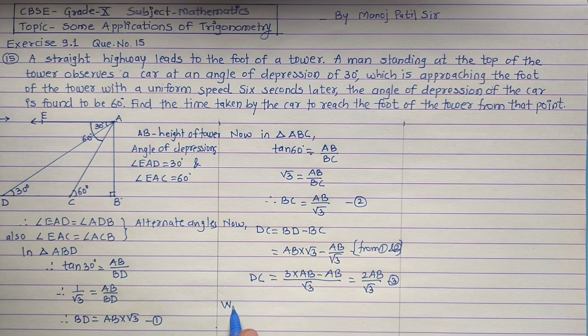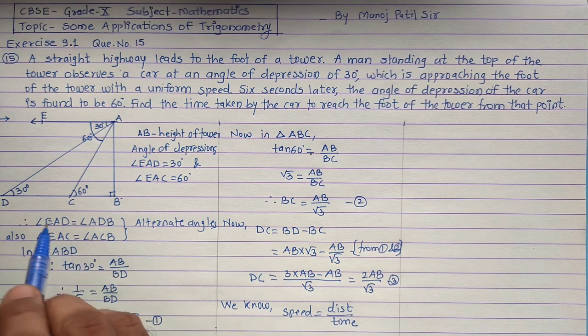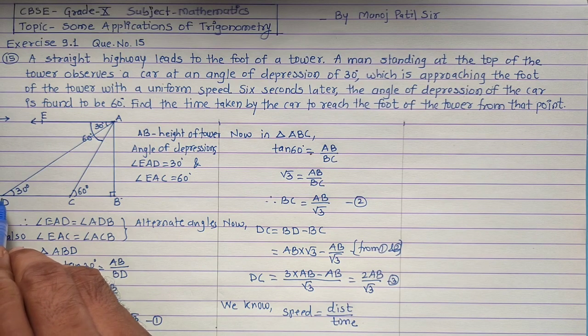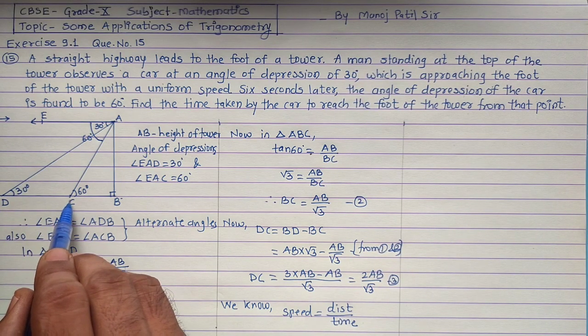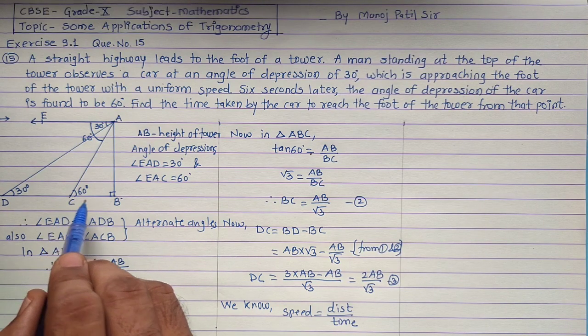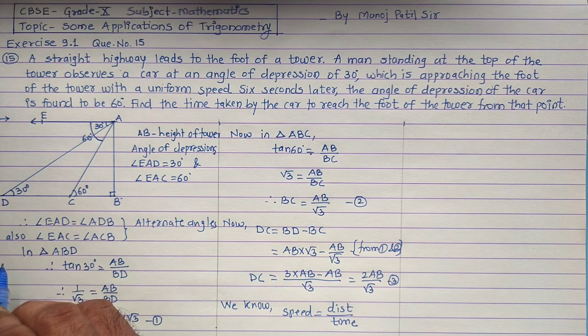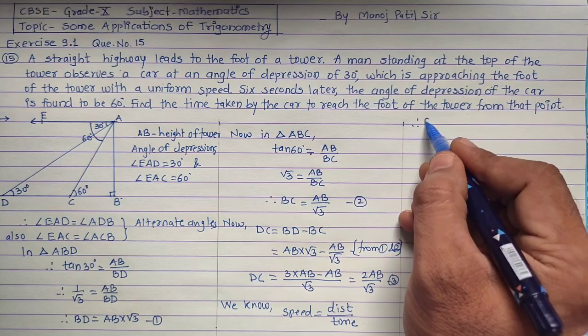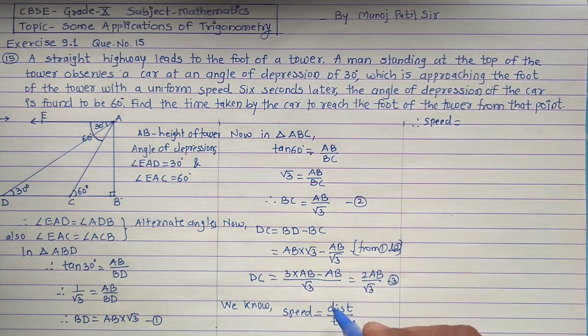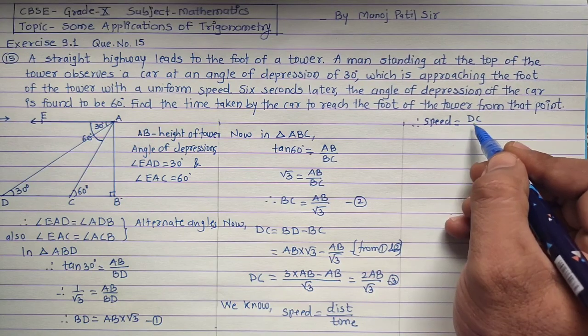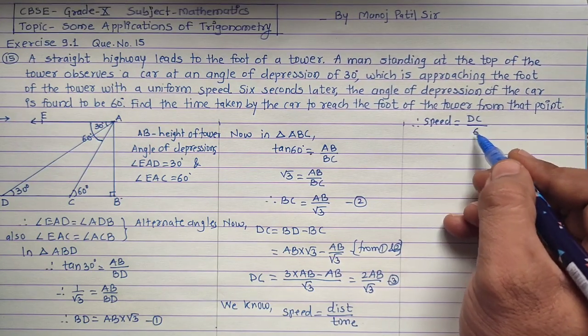We know the formula for speed. Speed is equal to distance upon time. Now we have to find the speed. As it is given, the speed is uniform. The time required to travel D to C and the time required C to B is what we have to find. The D to C time is given as 6 seconds. So speed is equal to distance DC upon time, 6 seconds.